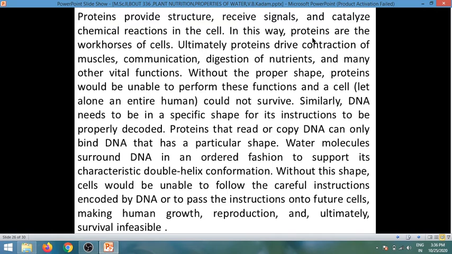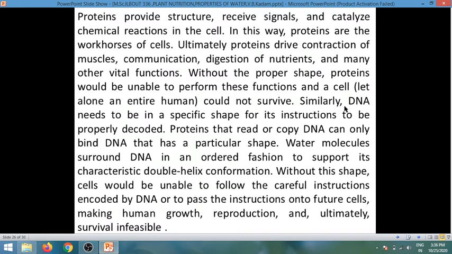In this way, proteins are the workhorses of cells. Ultimately, proteins drive contraction of muscles, communication, digestion of nutrients, and many other vital functions. Without the proper shape, proteins would be unable to perform these functions and a cell could not survive.